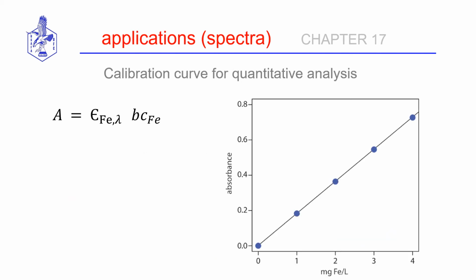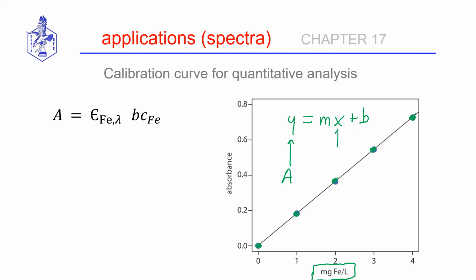To do quantitation using UV-vis absorption spectroscopy, we approach it like any other quantitative technique. You prepare a set of calibration standards of known concentration. In this case, iron is my unknown, my analyte of interest. You measure the absorbance for these known calibration standards. You plot the data. You get a linear regression equation in which A, absorbance, is your y-axis value.